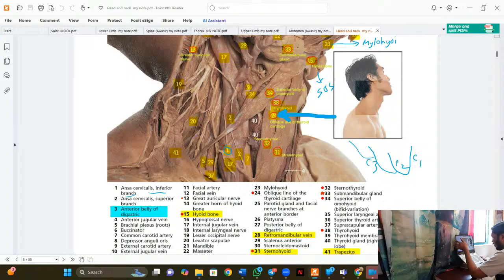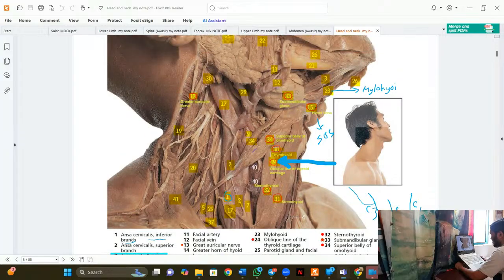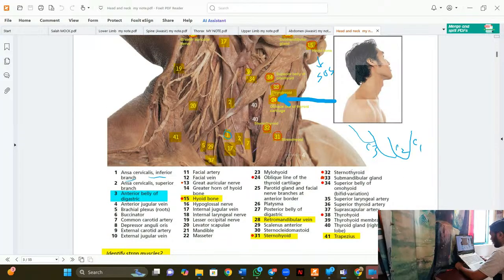Then number 15, you both can also participate and speak. So 24, where is 24? 24 is the oblique line of the thyroid cartilage.